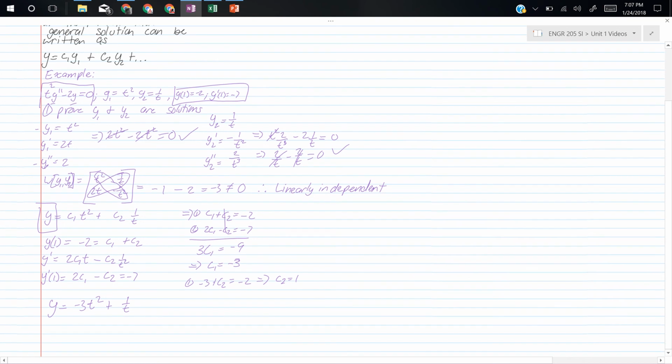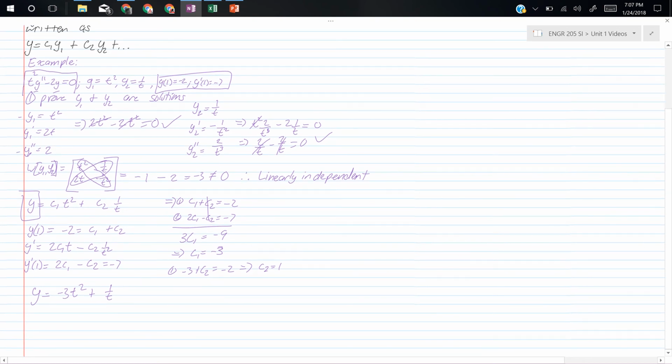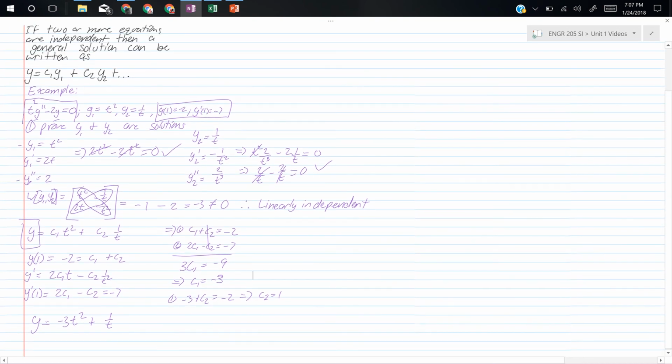The big thing to remember here is the equation for the general solution, which is y equal to c1 y1 plus c2 y2. But in order for you to plug into that, your solutions must be independent, and they must be solutions of the same DE.